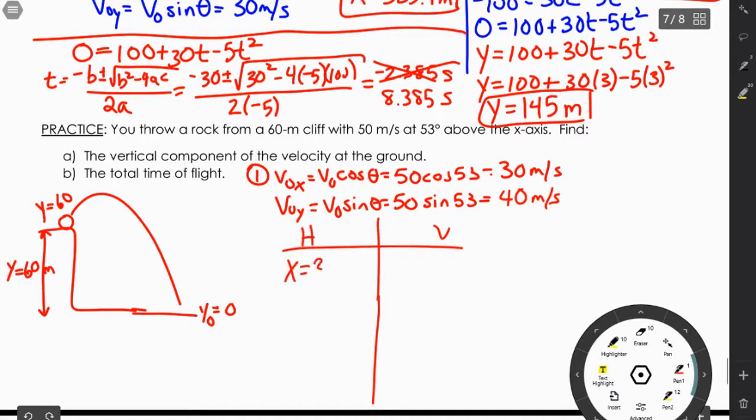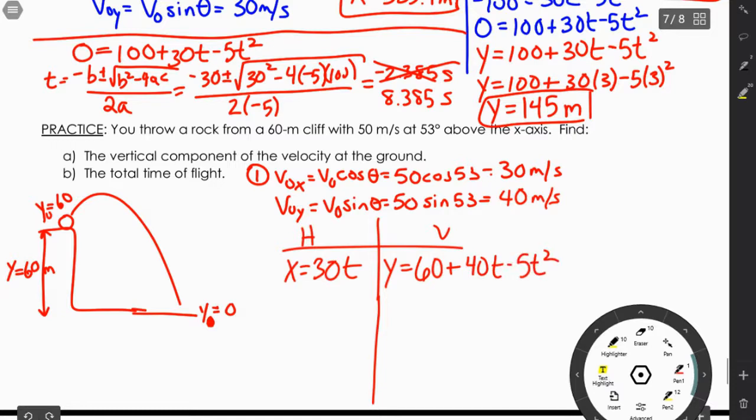And so x equals 30t, y equals, and we'll write the whole function, so our initial position is 60 meters. So 60 plus 40t minus 5t squared.